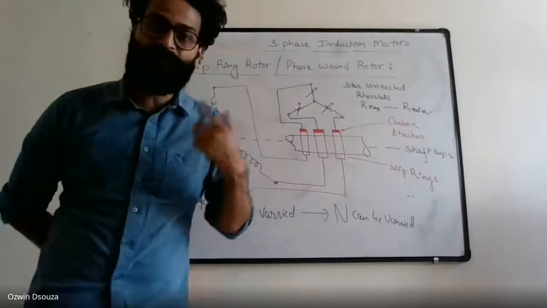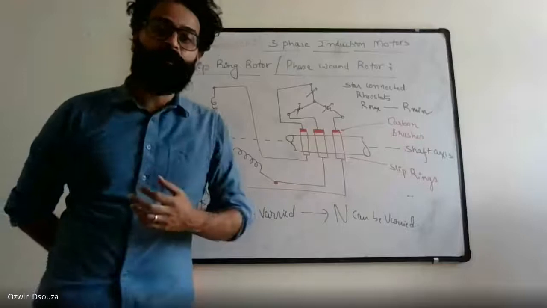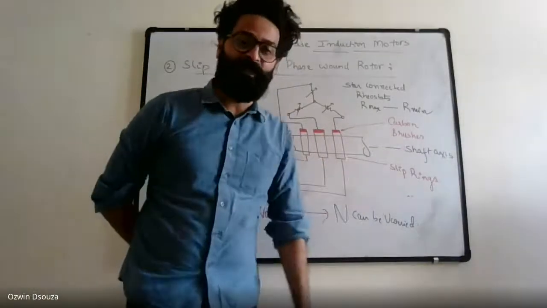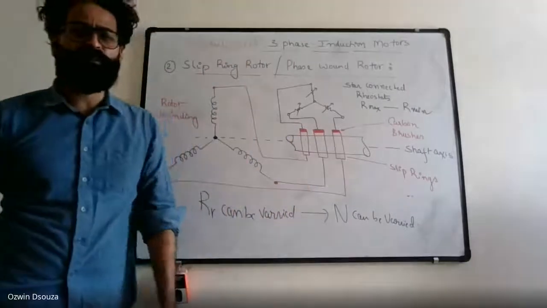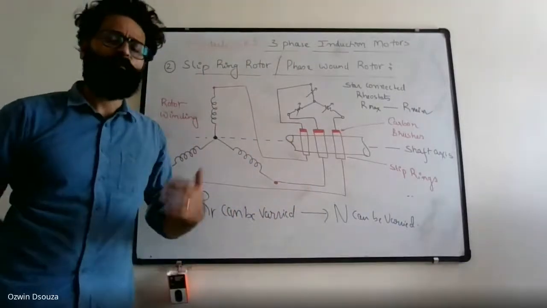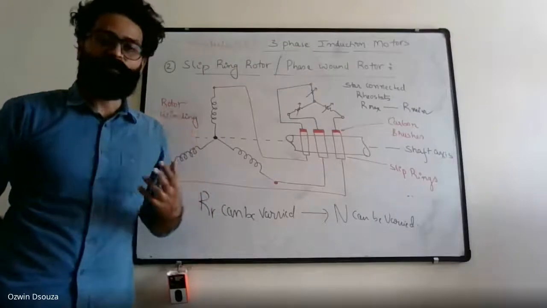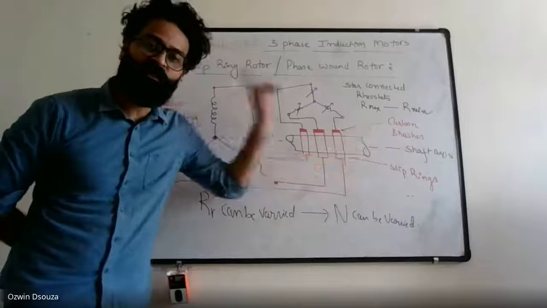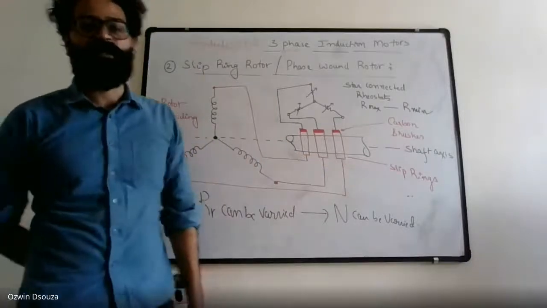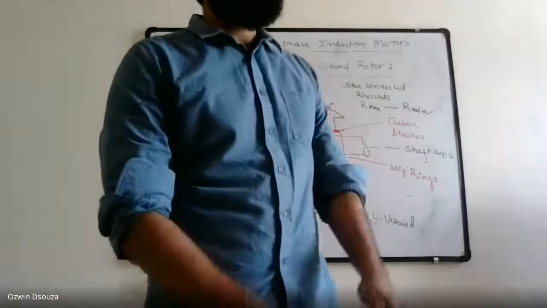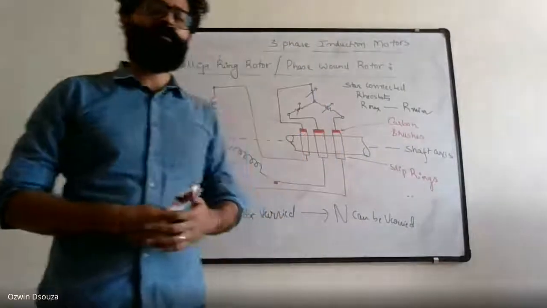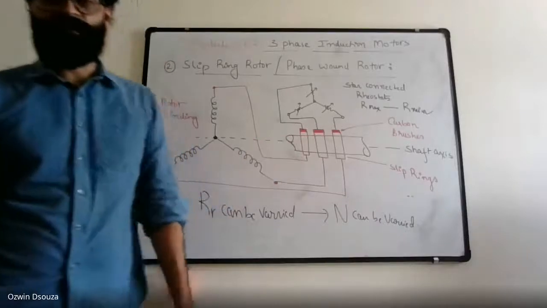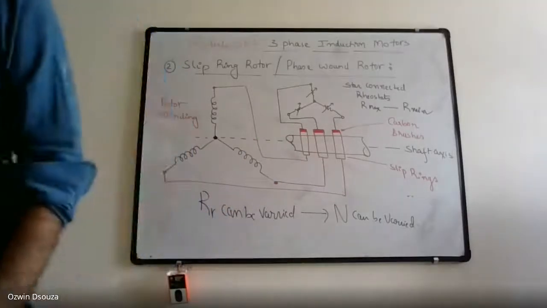Due to this constant rubbing, there can be wear and tear in the brush assembly as well as the slip ring assembly. So frequent maintenance is required, and frequent maintenance invites additional maintenance cost. So slip ring induction motor is a high maintenance machine, and squirrel cage induction motor is a low maintenance machine. So these are the major differences between slip ring induction motor and squirrel cage induction motor.